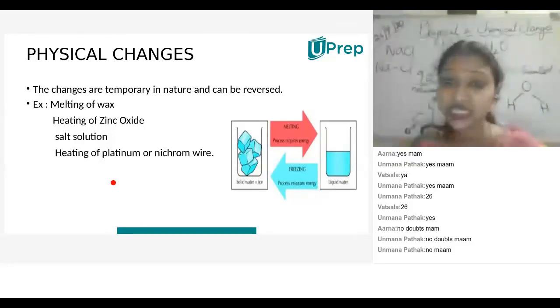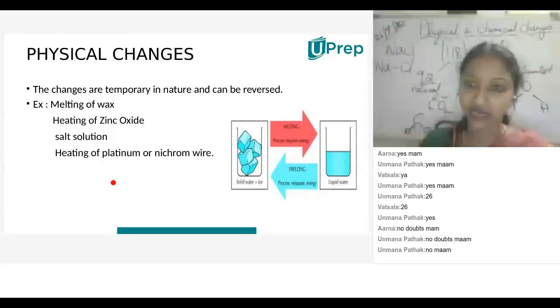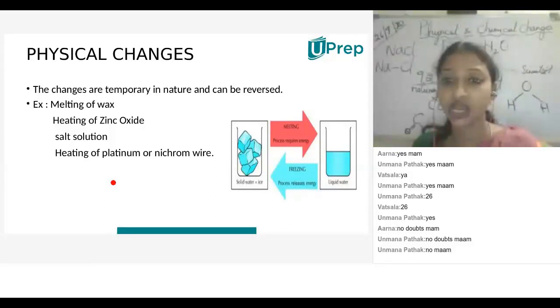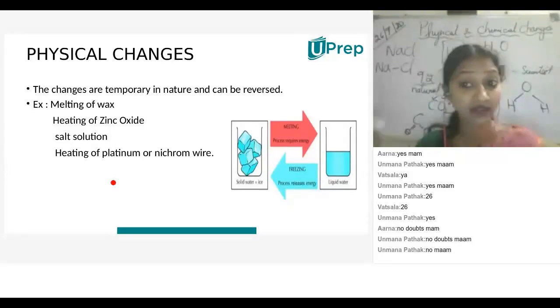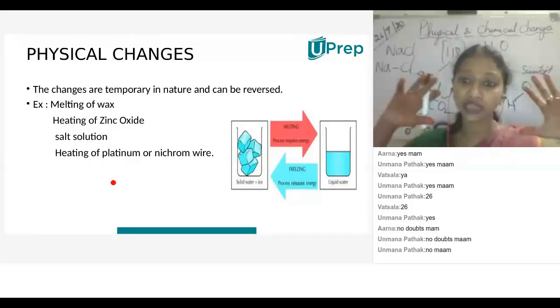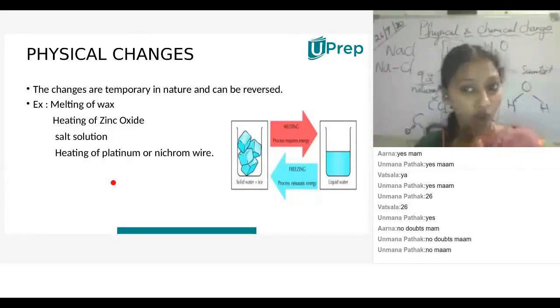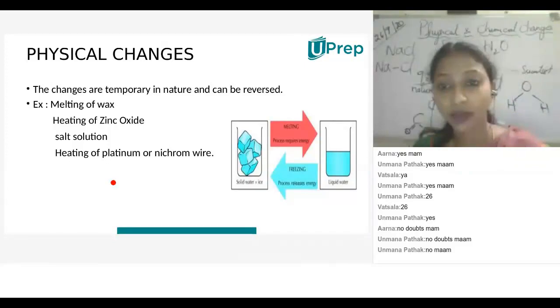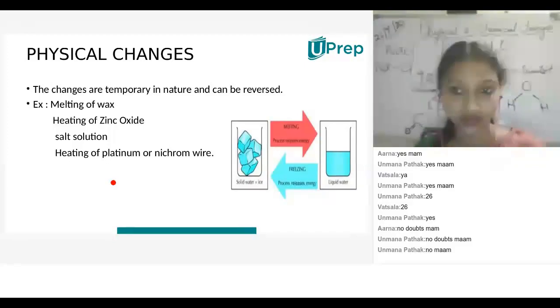Not a very deep heating, it just warms the zinc oxide, and the white color converts to yellowish color. After cooling, when the hot zinc oxide comes to normal room temperature, again it retains its normal white color.